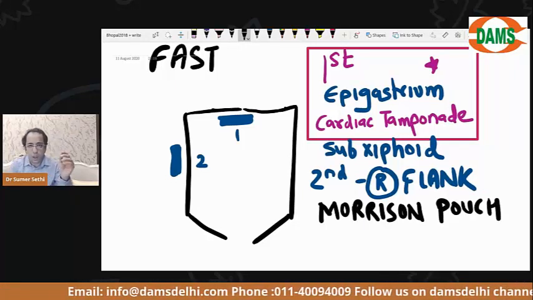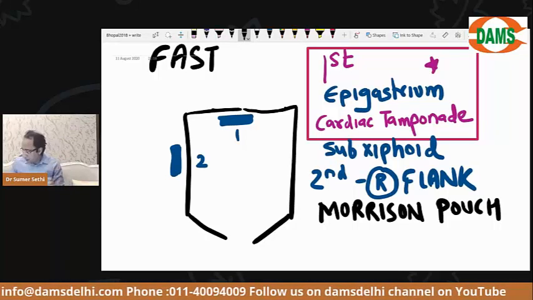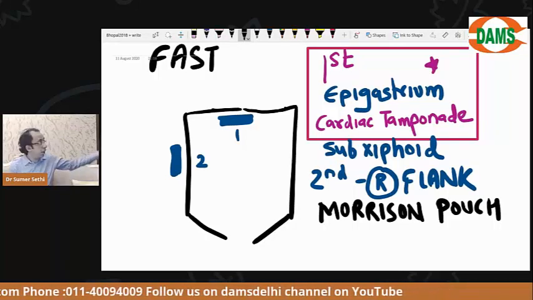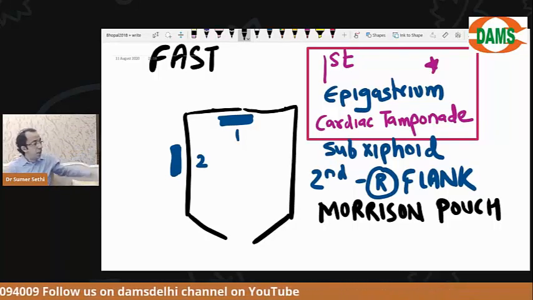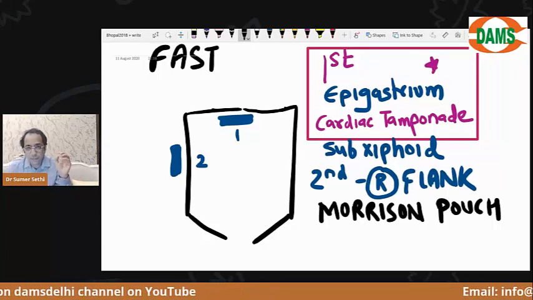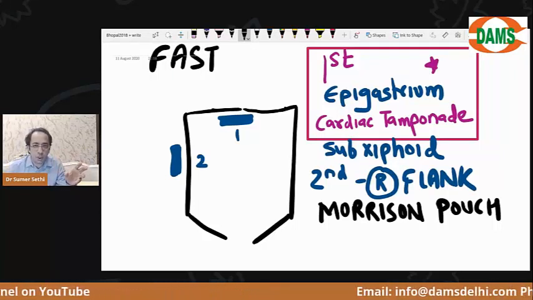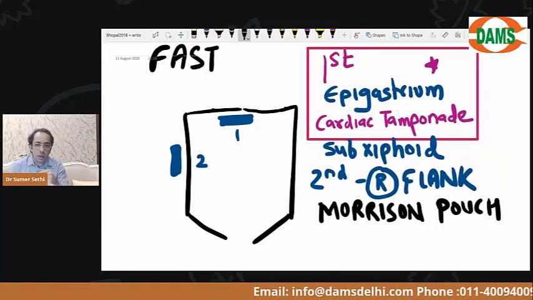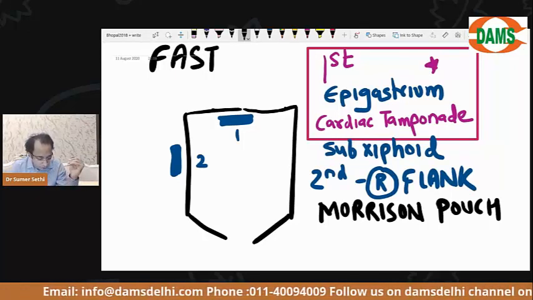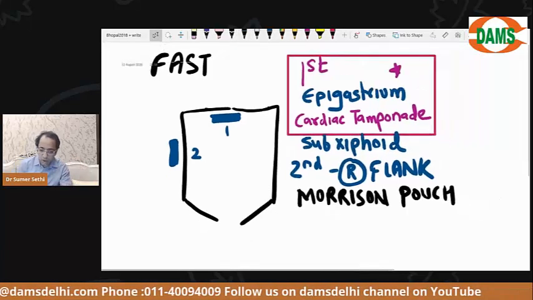Because we know that in abdominal trauma, if any organ ruptures, there will be blood in the peritoneum, hemoperitoneum, and it will go into the dependent recess called the Morrison's pouch. Very good.